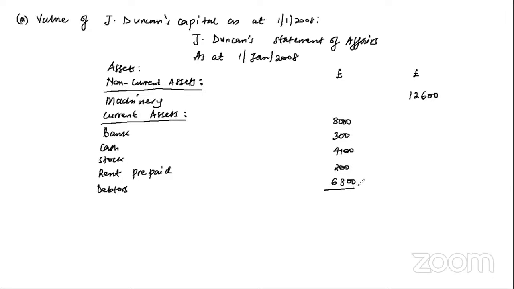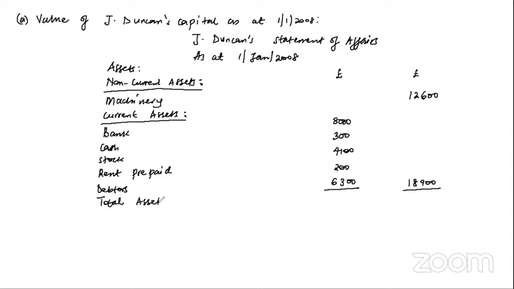When we add these current assets, let me do the addition here and we see how much we have. 8,000 plus 300 plus 4,100 plus 200 plus 6,300. This gives us 18,900.